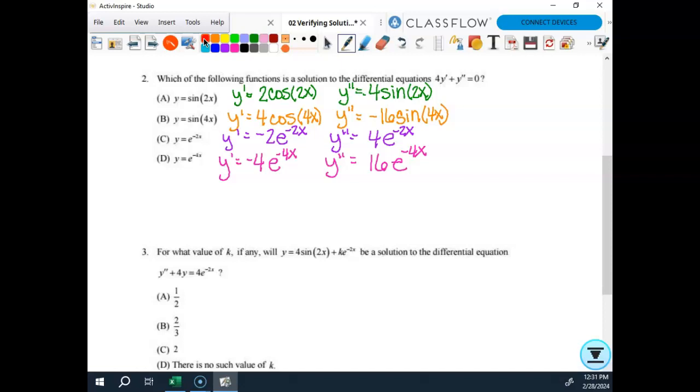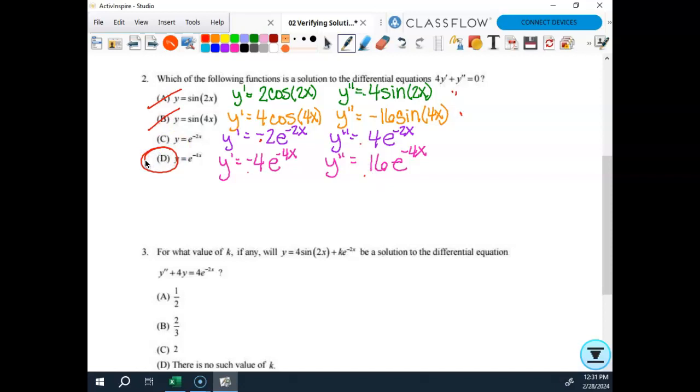When you look at A and B, even if the numbers work out, you'd be adding sine and cosine together. Are those going to zero each other out? Nah. So those are out, right? And then 4 times this one plus this one, not going to give me 0. 4 times this one plus this one would, makes my answer D.